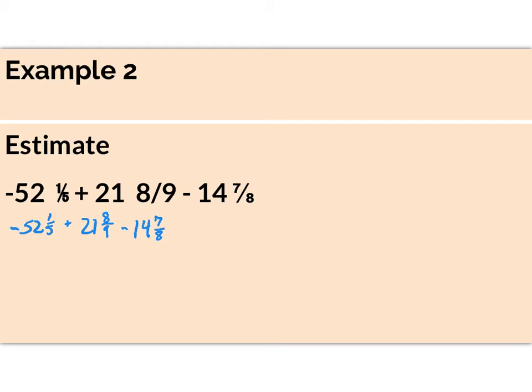So in the last video, we practiced rounding, but nothing here is stated. So when nothing here is stated, you want to round to the next lowest number. So all of these fractions will give us numbers less than 1.